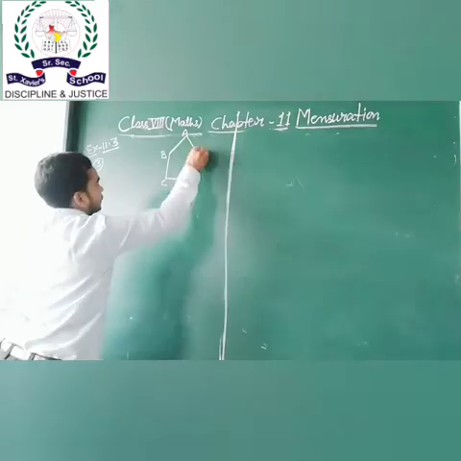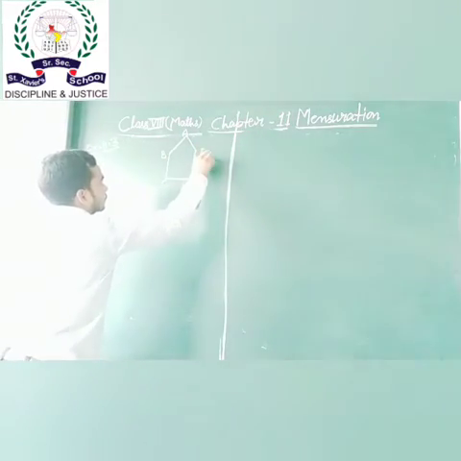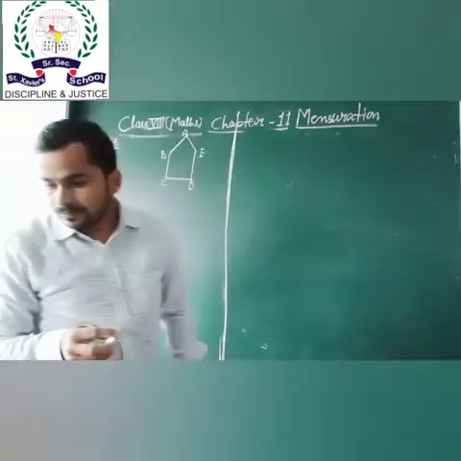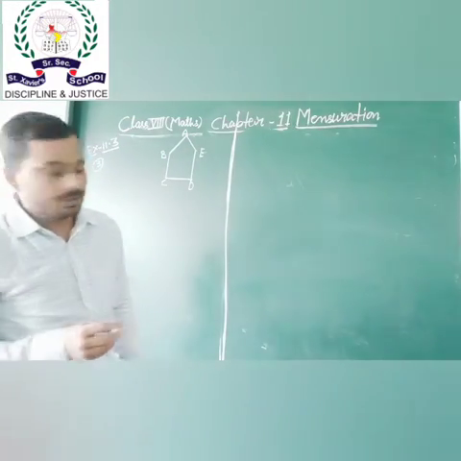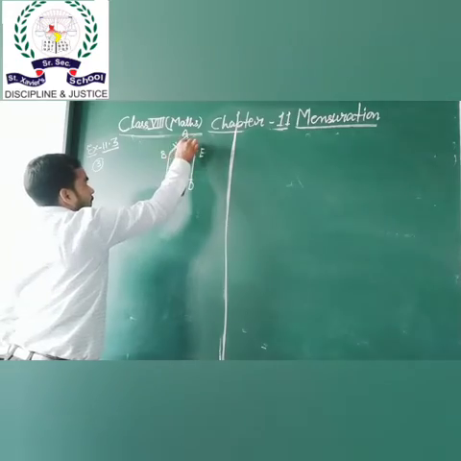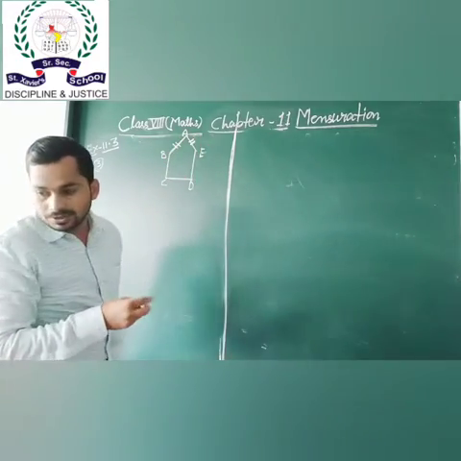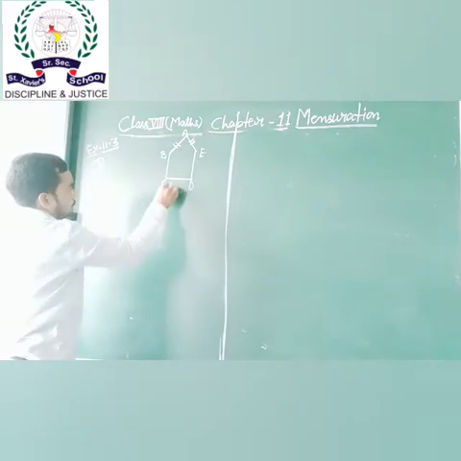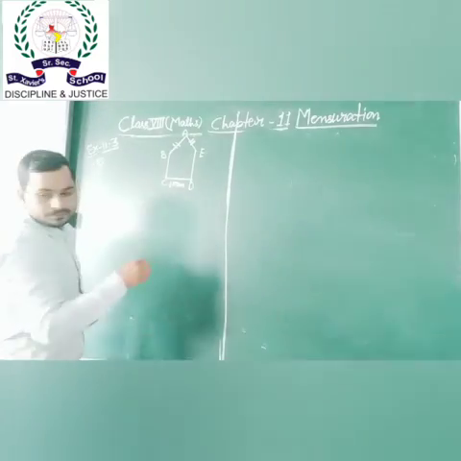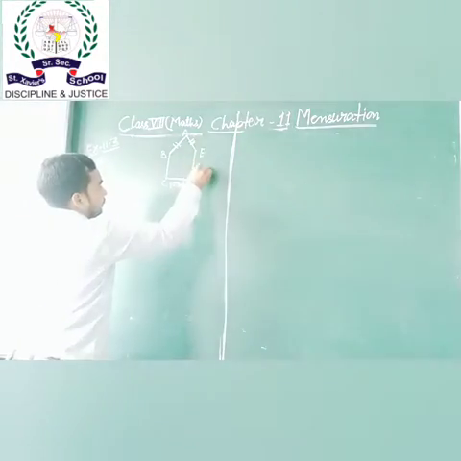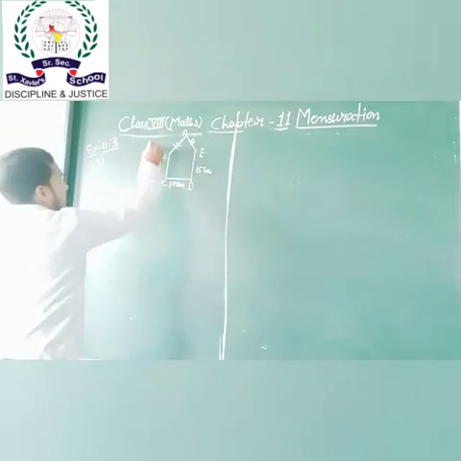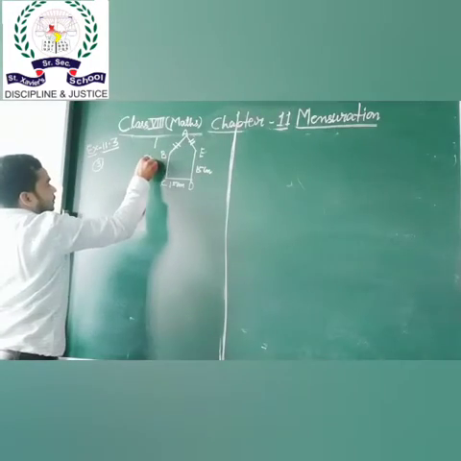AB equals AE. CD is given as 15 centimeter, and DE equals 15, and total AC is given as 23 centimeter.